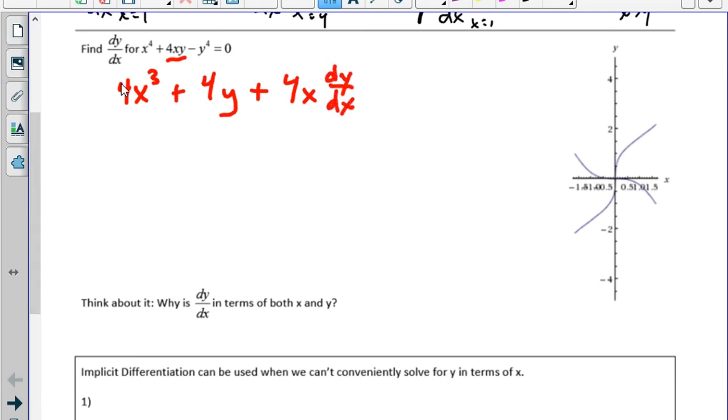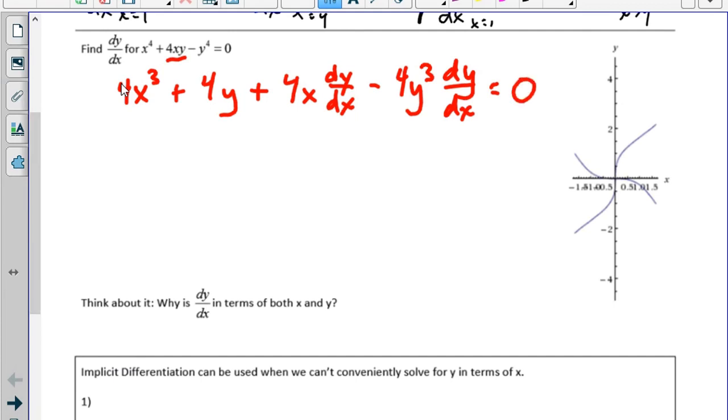That's what we do every time we take a derivative of y with respect to x, except in this case, we have this y that's integrated with everything else. Minus y to the fourth, that's going to be 4y cubed dy dx. Anytime you take a derivative of y with respect to x, you write dy dx, and that equals 0.